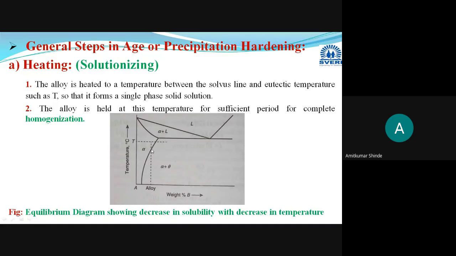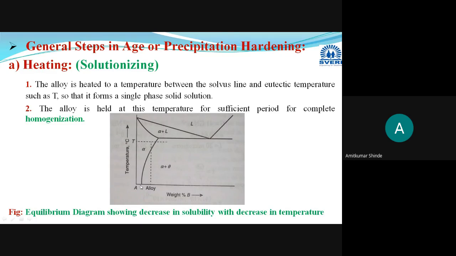As temperature is decreasing, the solubility of the solute in the solvent is also decreasing.